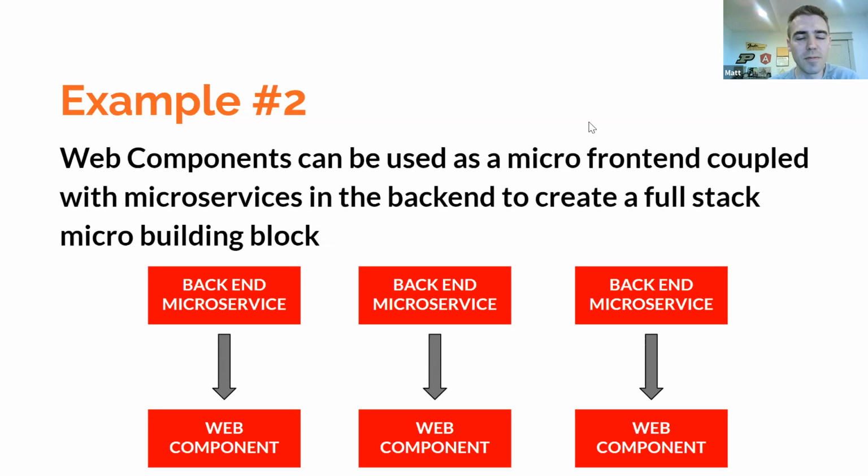So you might have a company that is maybe a hotel and they want to have reservations. You could have a web component that might search open reservations and then pair that with a microservice on the back end that just sends a specific set of data to that web component. And you could, like I said, use those as building blocks.